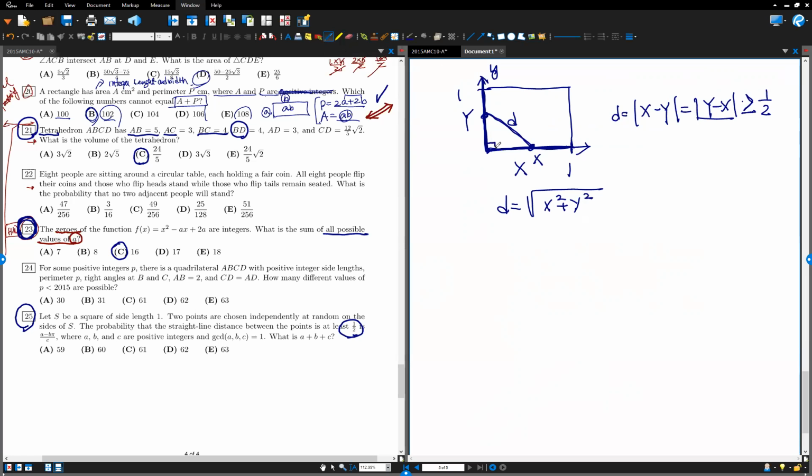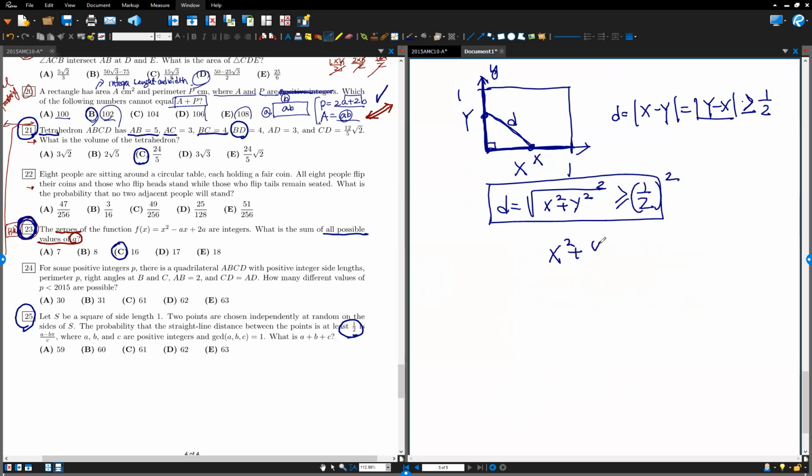You have to use the Pythagorean theorem, isn't it? X squared plus y squared, that is the distance. But this distance should be greater than or equal to 1/2. So where are the points whose distance is greater than 1/2? Where is the point? We have to check it out. Solve this one. Make a square, how much?